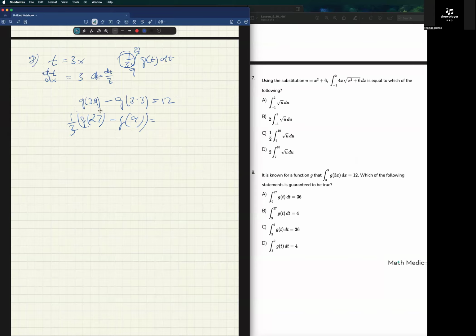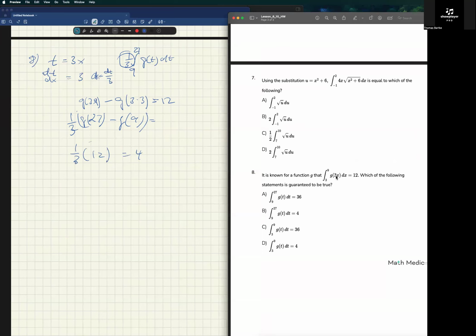These are the same, right? So the inside is the same. So 1/3 times 12 is 4. 3 times 3 is the lower boundary, that's this one here, so it's correct, and this is 9 that goes in here.